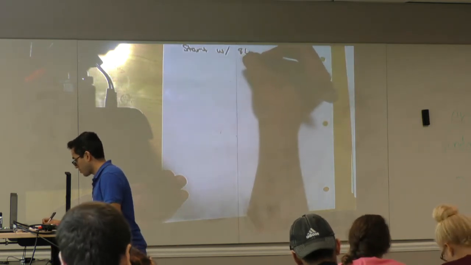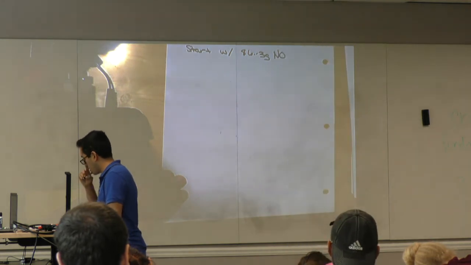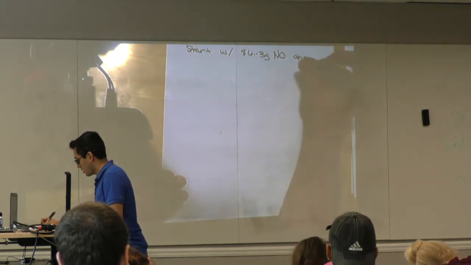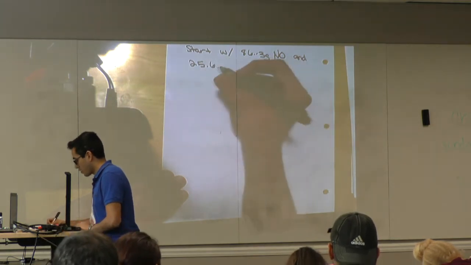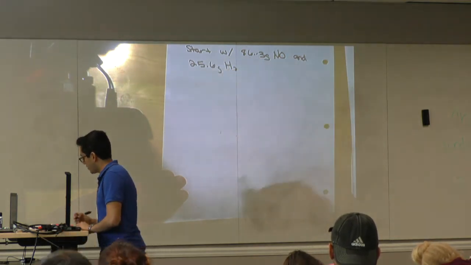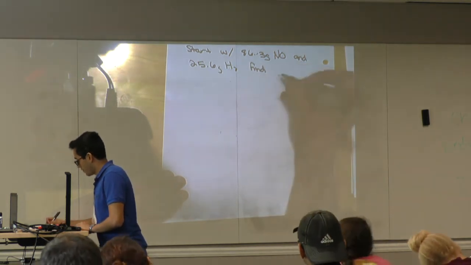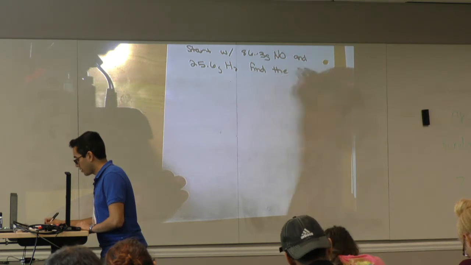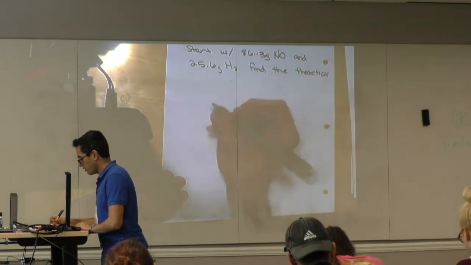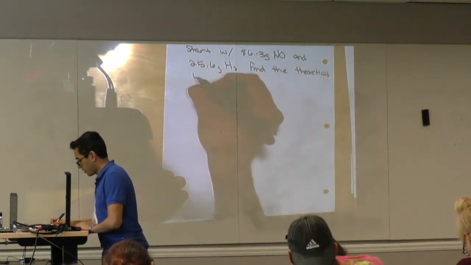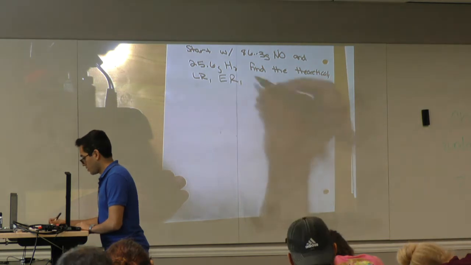So if we're given a reaction, right, saying that we start with 86.3 grams of NO and 25.6 grams of hydrogen, and then you're asked to find the theoretical yield, the limiting reactant, and then the excess reactant, right?